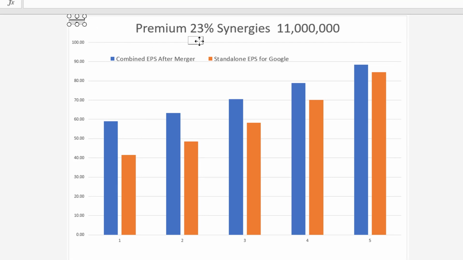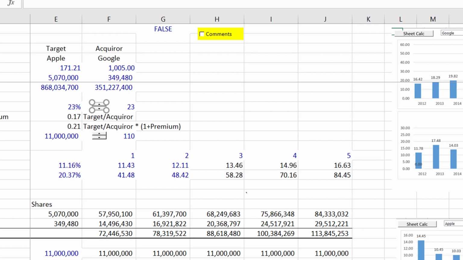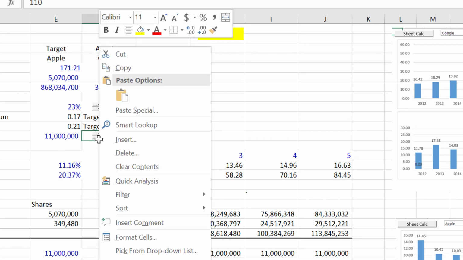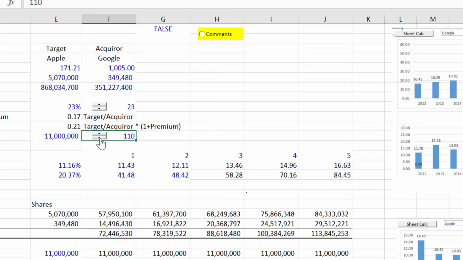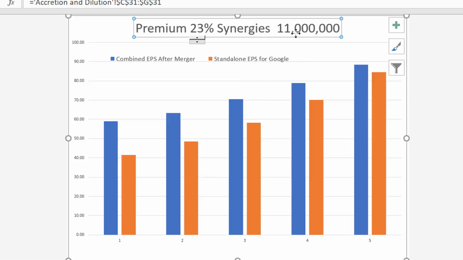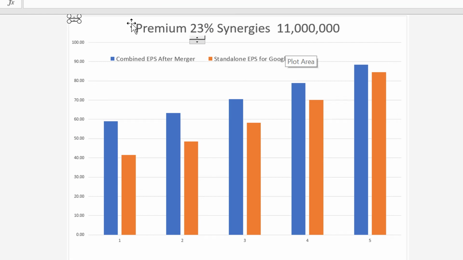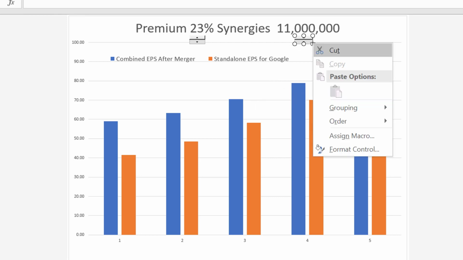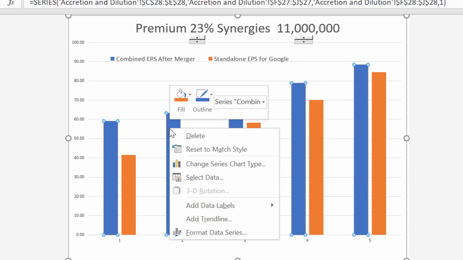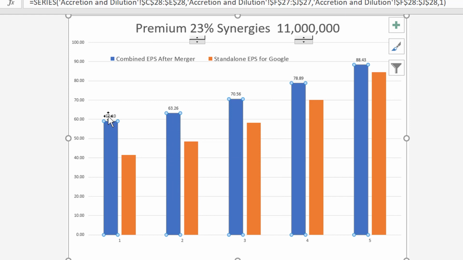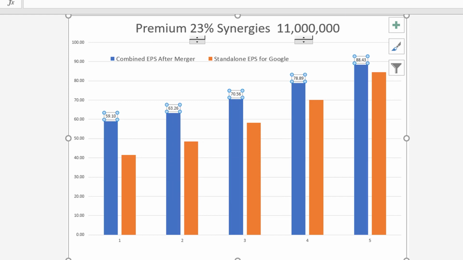So let's put the kind of thing here, and then let's take the synergies and copy those and put those right underneath. This one, it always goes over here, and then we can kind of see, okay, what's happening to our earnings per share with and without the merger.